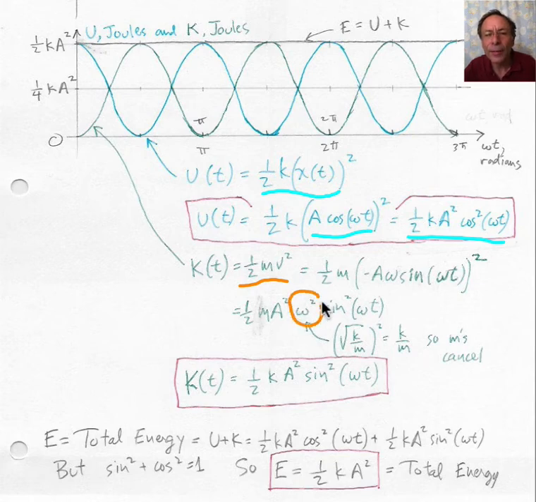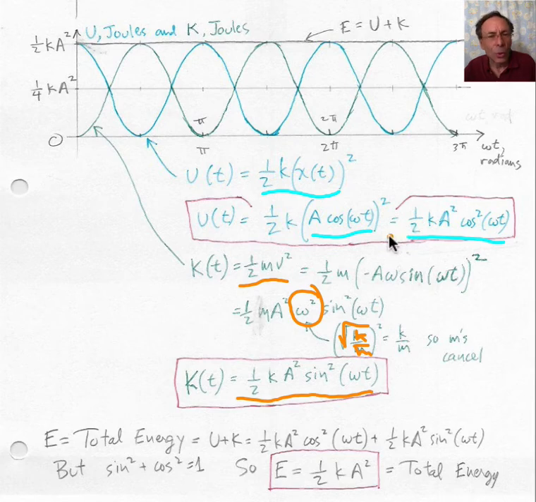We want to get rid of that, but we can do that because we know that omega is the square root of k over m, right? That's something from before, the previous video. And so once we've got that, then the masses go away, and we have that the kinetic energy is 1/2 Ka squared sine squared omega t.